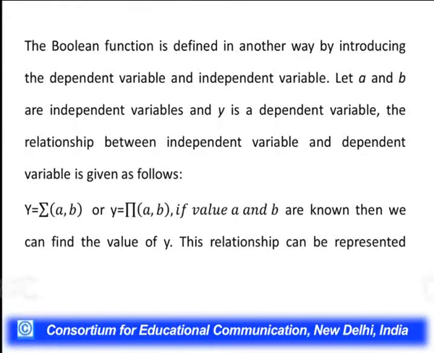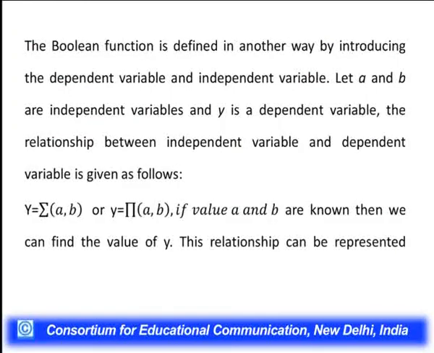Let A and B be independent variables and Y be the dependent variable. The relationship between the independent variables and the dependent variable is given as follows: y equal to summation (a, b) and y equal to pi, that is, product (a, b).